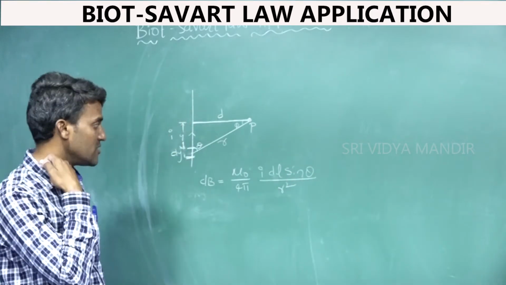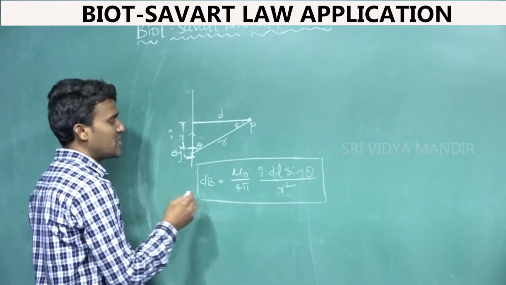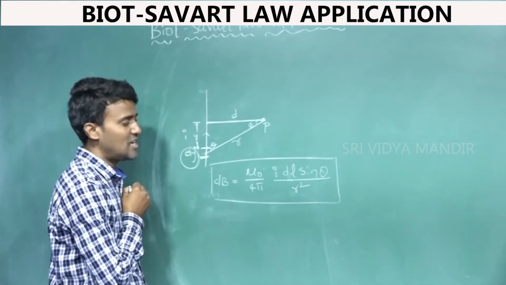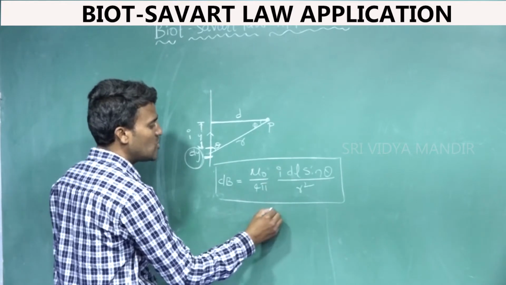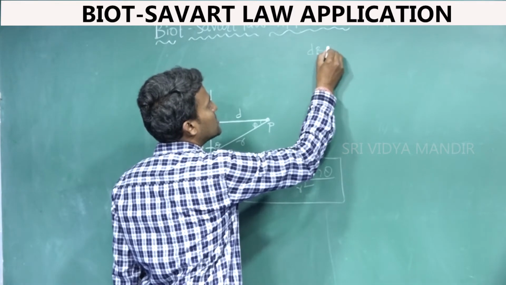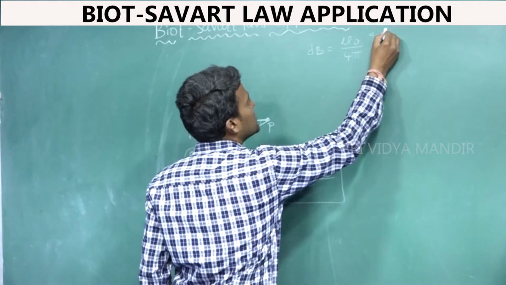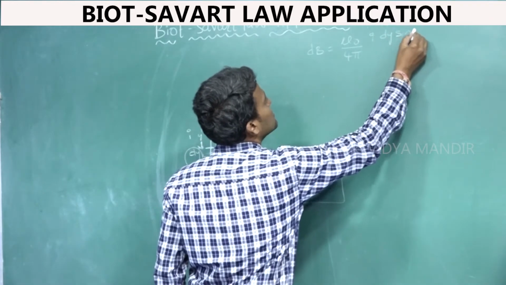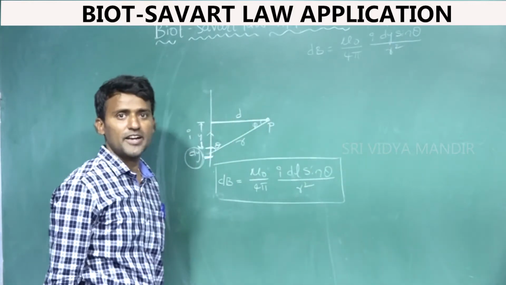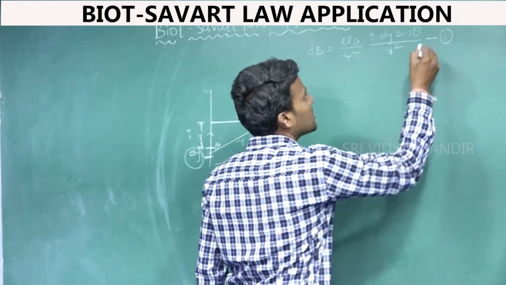According to the diagram, the length of the element is dy, so dl is equal to dy. dB is equal to mu naught by 4 pi, I dy sin theta divided by r square. This is equation number 1.